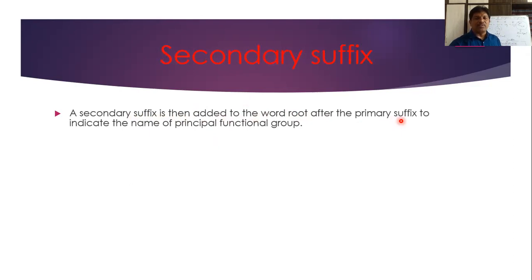Immediately after the word root, the primary suffix will be there. After the primary suffix, the secondary suffix is added to indicate the name of the principal functional group. Okay.